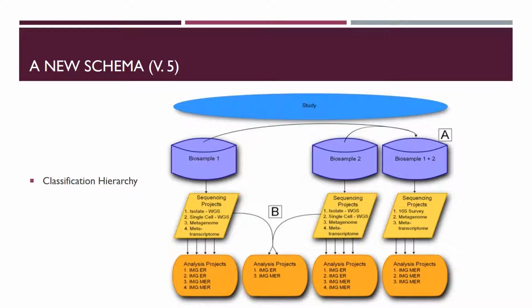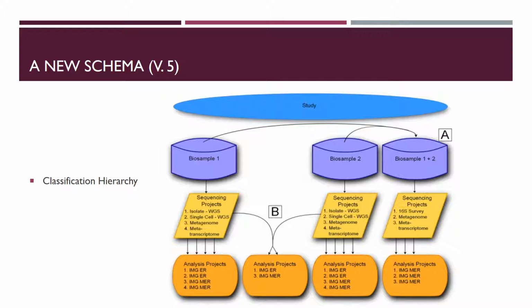As you can see, study is at the top, and biosample under that, sequencing under that, analysis projects. That's because a study represents the highest level of organization. Studies include 1 or more biosamples and their associated sequencing projects and analysis projects that have been grouped to investigate a related research topic of interest.